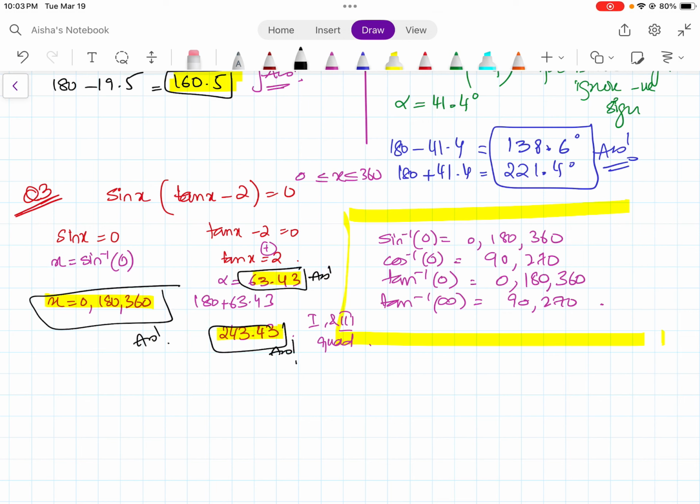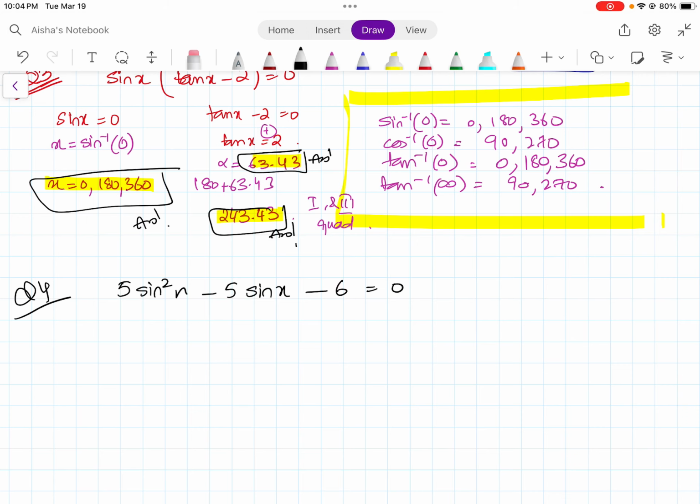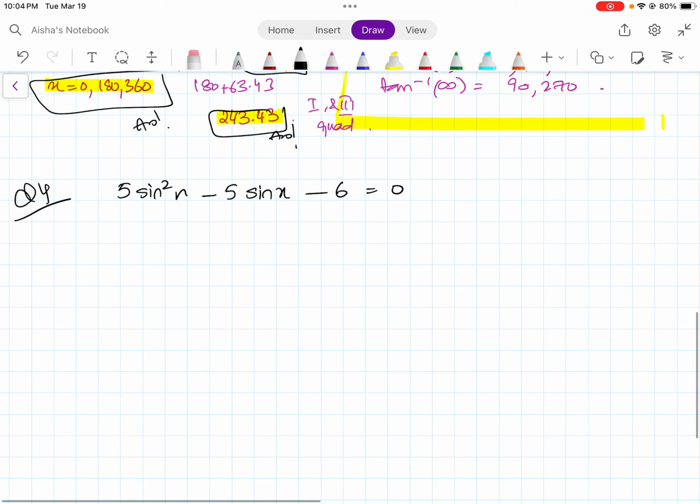Now the next question is, for example, if you have 5 sine square x minus 5 sine x minus 6 equals 0. It's a quadratic equation in trigonometry.